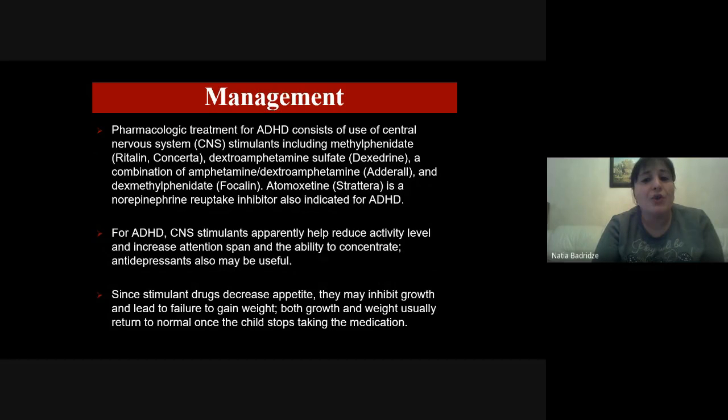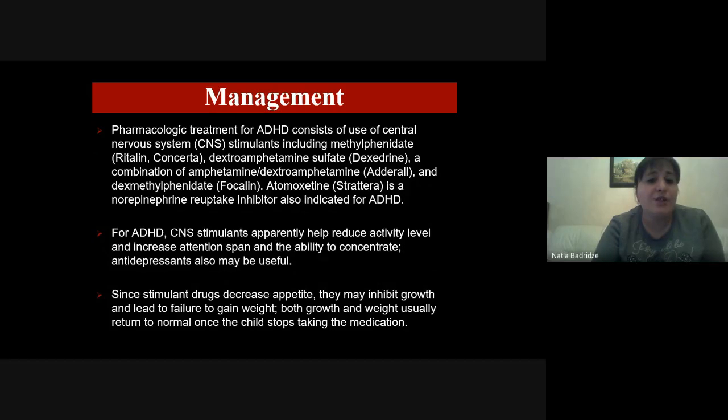Another drug which is also used to treat ADHD is atomoxetine, which is a norepinephrine reuptake inhibitor, but it is not as efficient as methylphenidate.